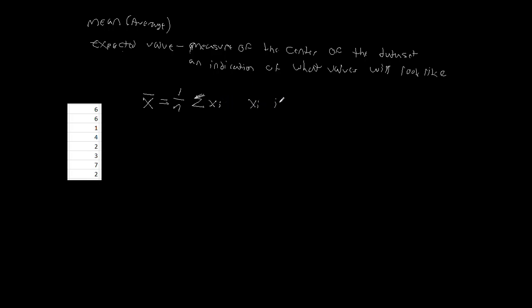X sub i is the x value of the ith observation, and we'll get to what the ith observation means in just a second. And then n is the number of observations.